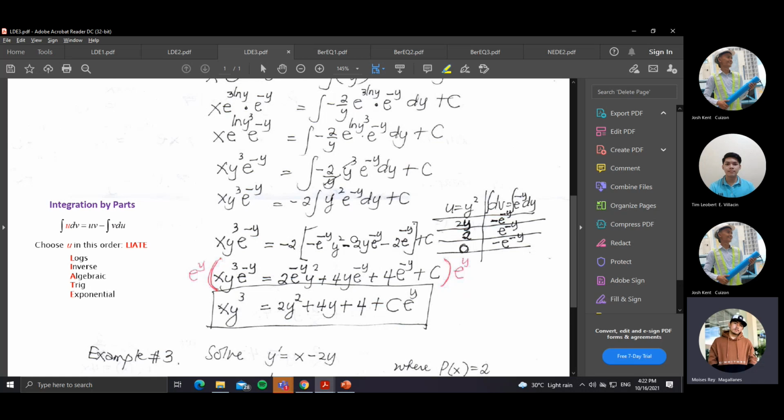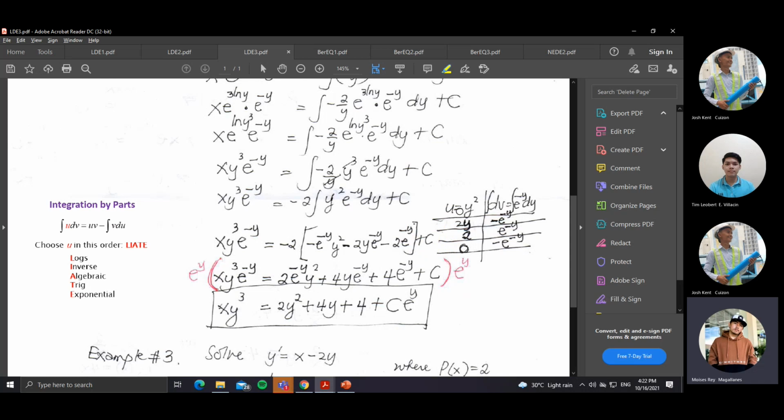Then in writing this, we write diagonally. The table has signs: the first is positive, then negative, then positive, then negative.